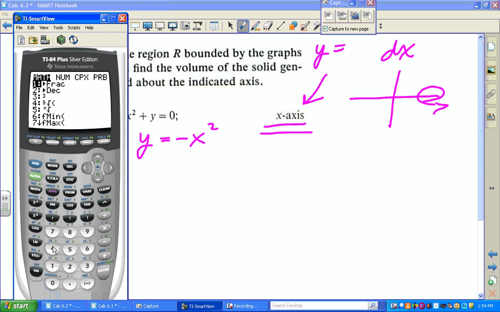You could do x to the 1/3, but I didn't. I'm not sure exactly what's going to happen. That looks all right to me so far.